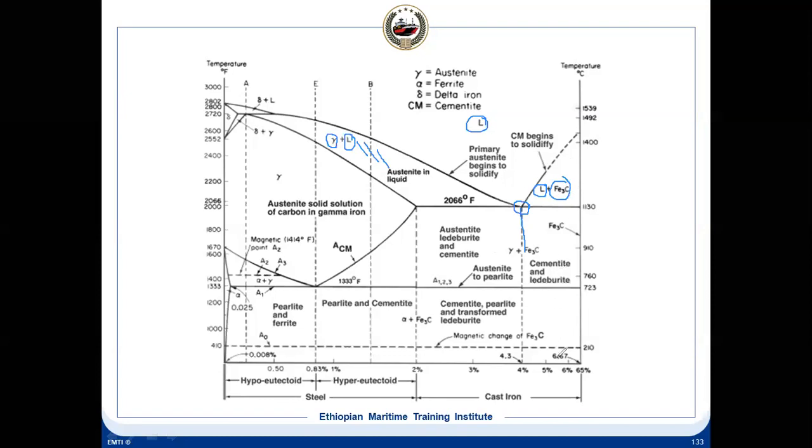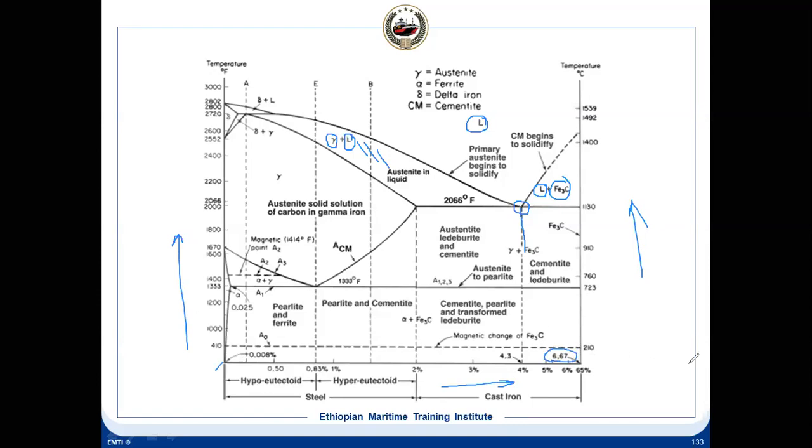Because your carbon content is high. If you see this diagram, this is the temperature in centigrade, and this is the carbon percentage. Carbon percentage is 0 here, and the maximum is 6.67.